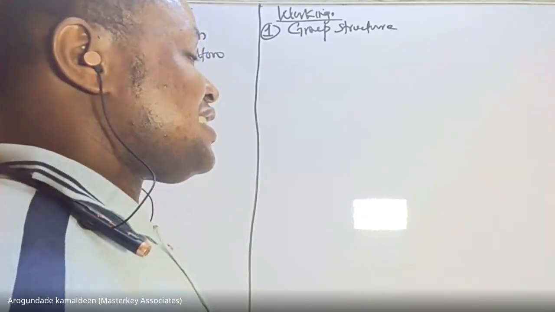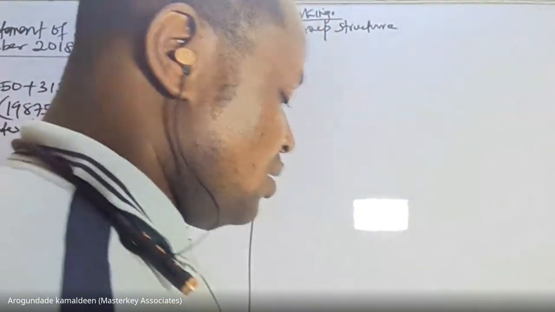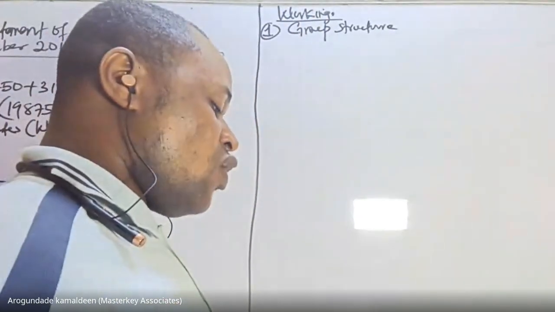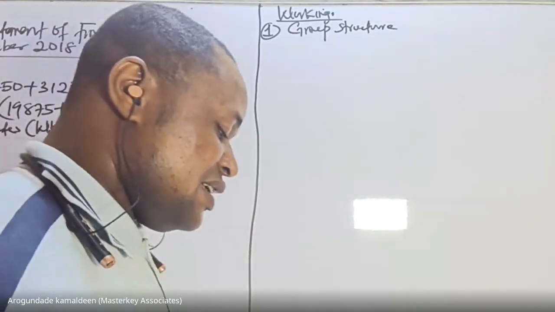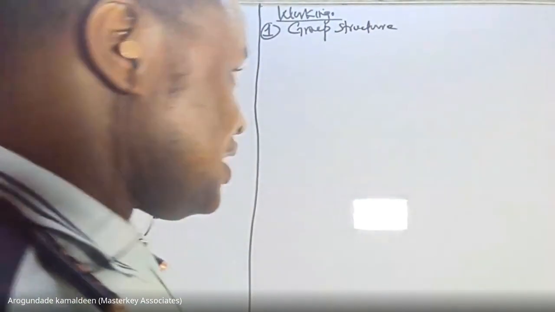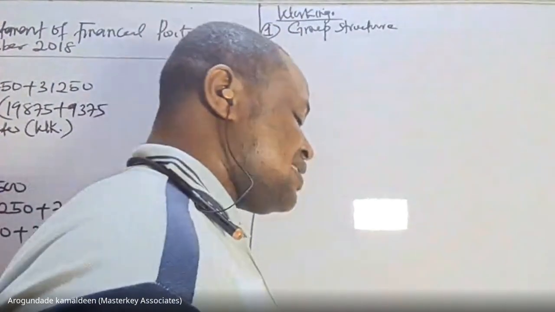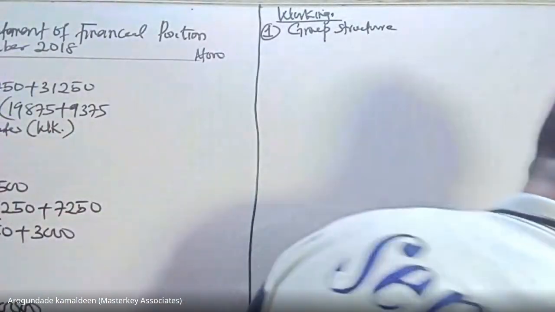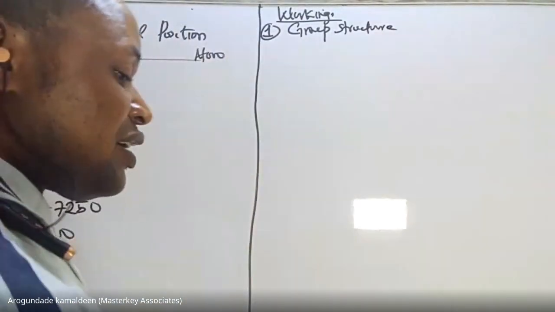So, class, in this case it is clear that Orobo is the parent, Lepa is the subsidiary, and Opeke is the associate. But the percentage held by the parent company is not clear.